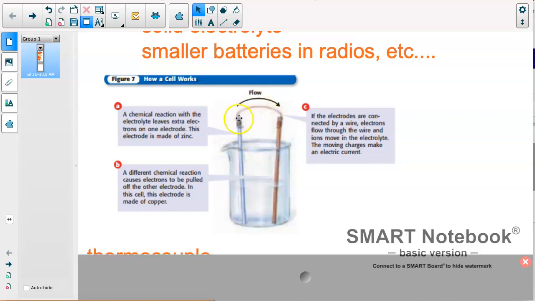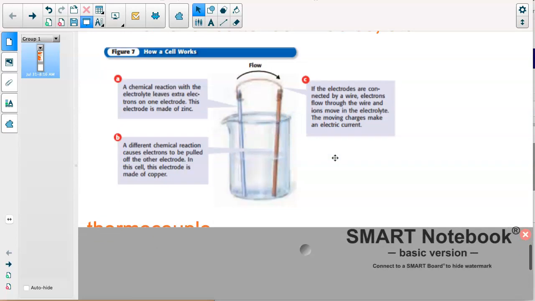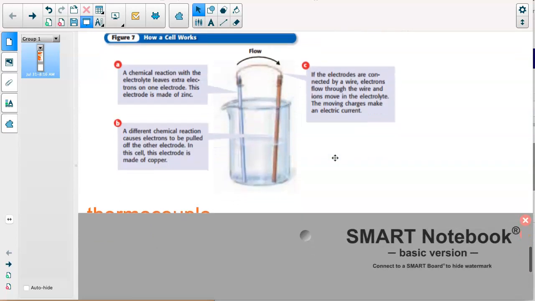There's a chemical reaction that causes the electrons to be pulled off one electrode to the other, and this one's made of copper. They're connected by a wire, and they're going to go through the wire and move into the electrolyte. So of course that causes a current. This is just a visual of how things are working when you talk about a cell.